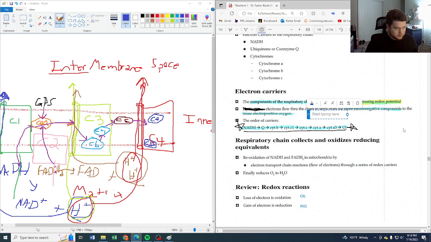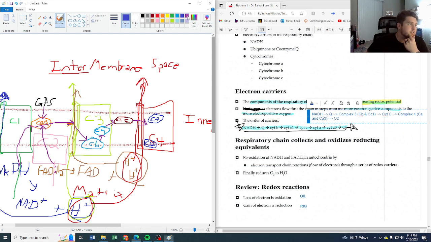NADH goes to CoQ, which goes to complex 3, which contains cytochrome B and cytochrome C1, which then goes to cytochrome C, which goes to complex 4, which has cytochrome A and cytochrome A3 as part of it. And our last step to oxygen.